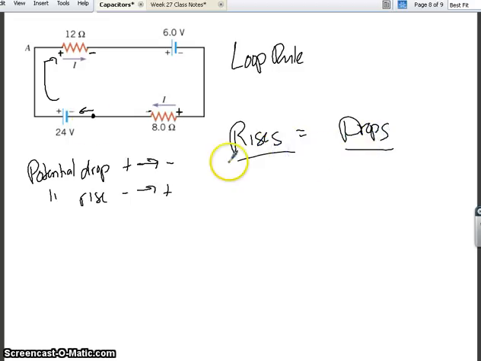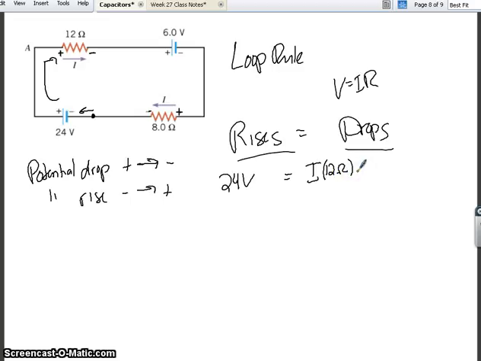This will be a 24-volt rise because it's going from negative to positive. Here, it's going from positive to negative, so this is going to be a potential drop. The potential is V equals I times R, so this is going to be I, we don't know what I is yet, times 12 ohms.